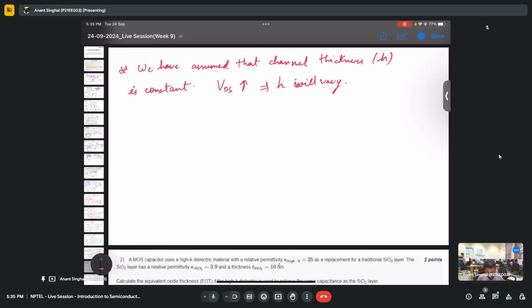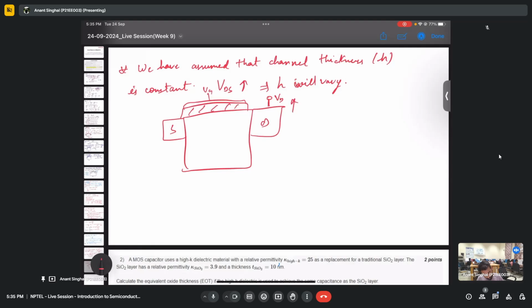If I draw quickly, let's say this is source, this is drain, this is oxide, and over this we have the gate. If I keep on increasing this VD, we have a channel like this, with the electrons like this, which is known as the tapering of the pinch off point.